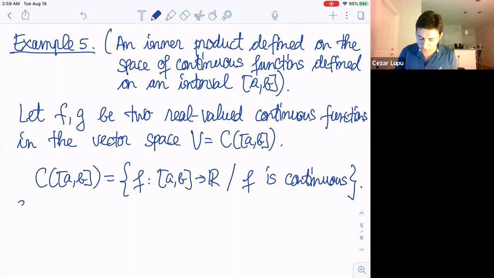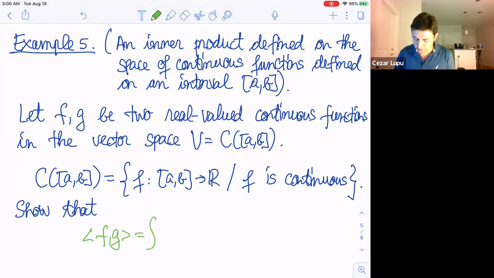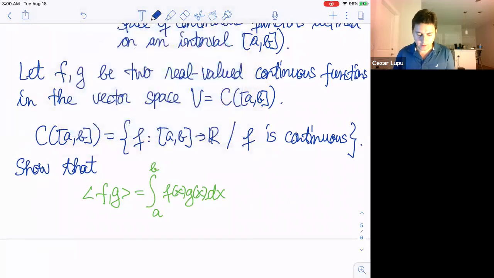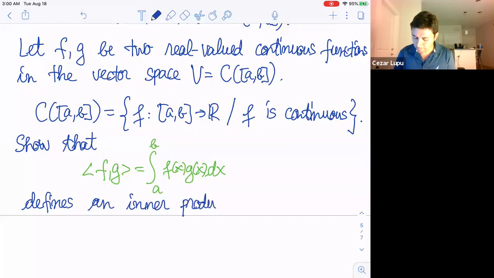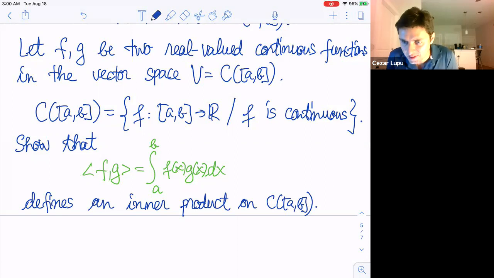And here we want to show that this inner product, and let me write it in this way, between f and g, which is the integral from a to b of f of x times g of x dx, is an inner product, defines an inner product on the space of continuous functions.